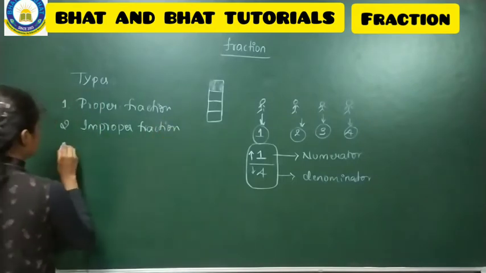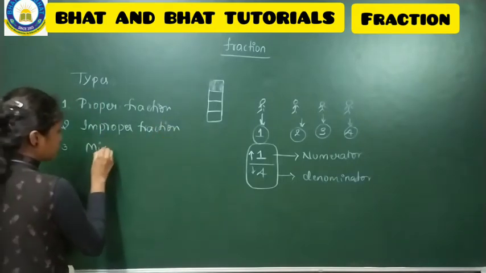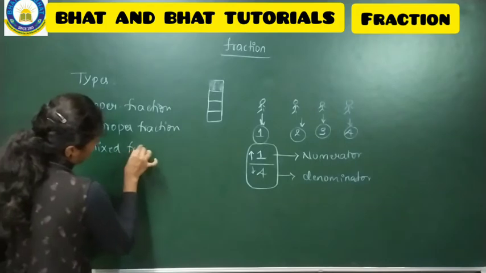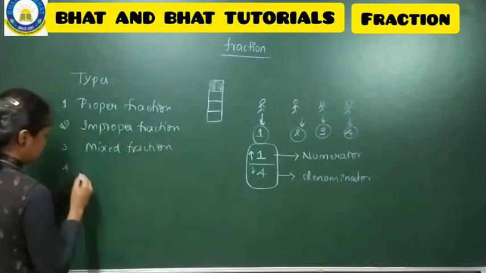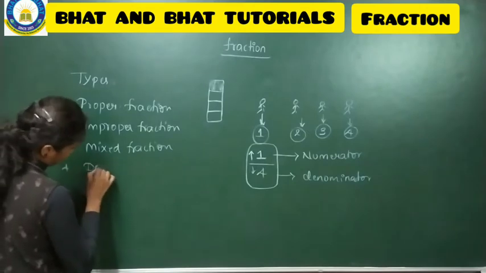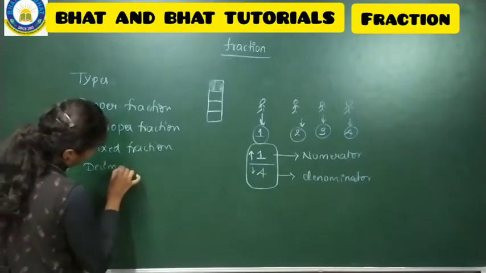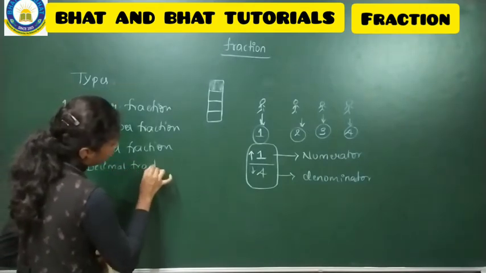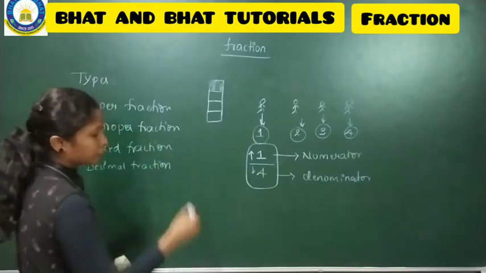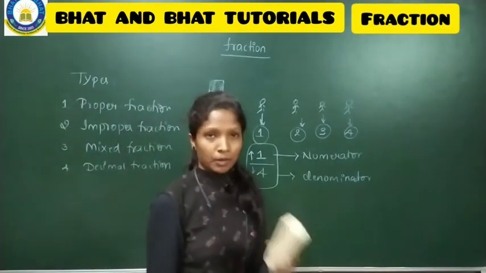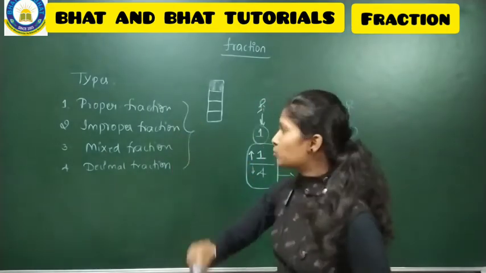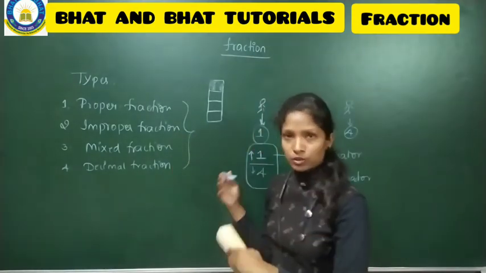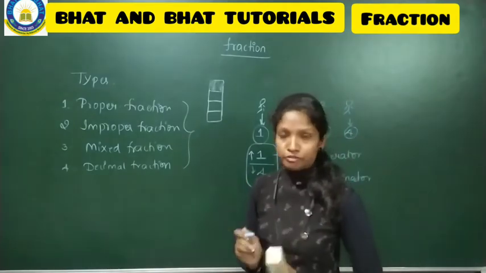And the third type is mixed fraction. And the fourth type is decimal fraction. These are the four main types of fractions. Apart from this, you have composite, continued fractions and all. So these are the four types which are directly related to the problems. So let us learn these four first, okay?